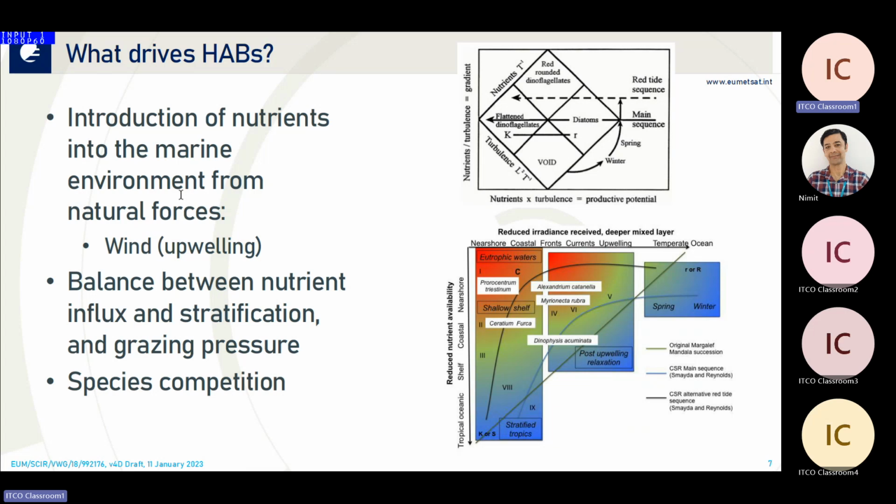But sometimes these HABs have a natural cause, mainly due to the introduction of nutrients from deep waters by a physical oceanographic process called upwelling that you all know. Paradigmatic cases are Peru, Eduardo probably knows, or the Benguela area, to put some examples.